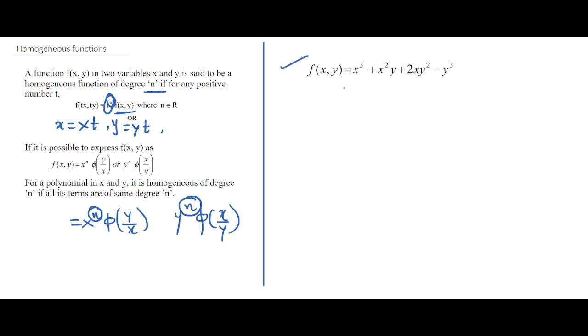Here it is, f of x, y is equal to x cube plus x square y plus 2xy square minus y cube. We will apply all the three methods.